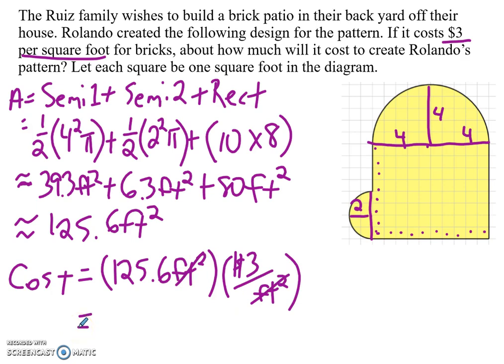And when I multiply them together, I will get $376.80. Or I could say that it's about, which is probably a better approximation, that it's going to cost me about $380 to make this patio.